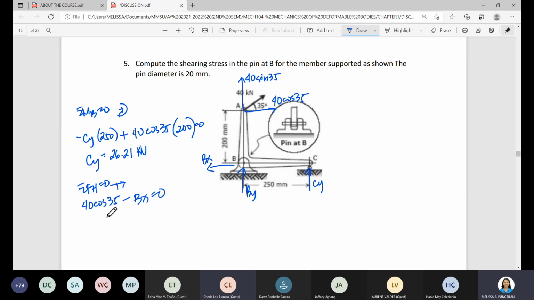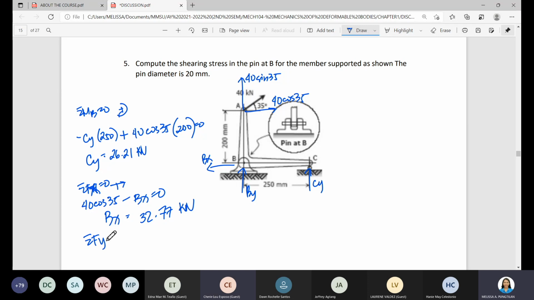So, Bx is equal to 32.77 kilonewton. And then, taking the summation of forces in Y, don't be confused here. Sometimes I use H or V, horizontal H, V as vertical.